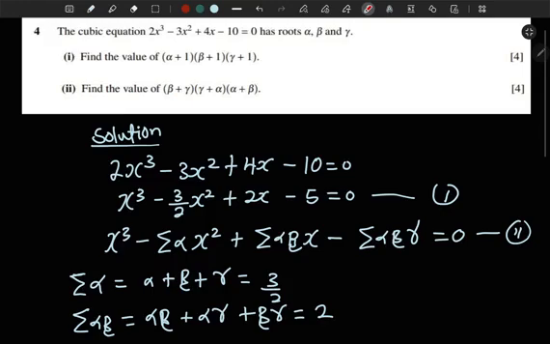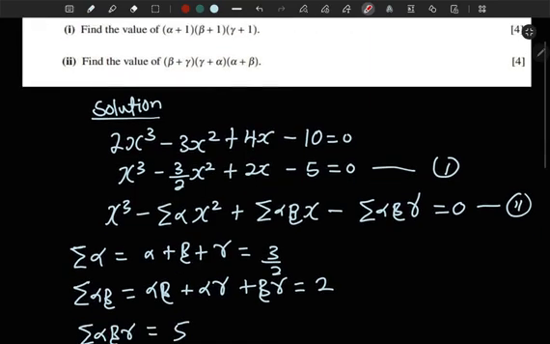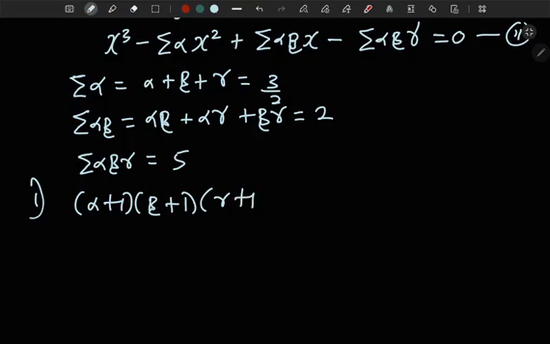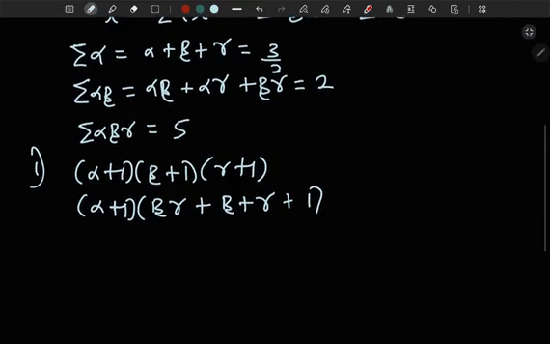All right, so what next after this? When you look at the expression that we have here, which is alpha plus 1, beta plus 1, gamma plus 1, I think the first thing you need to do here is just to expand that. So alpha plus 1, beta plus 1, then gamma plus 1. Let me expand the last two brackets. That's going to be beta gamma plus beta plus gamma, then plus 1.